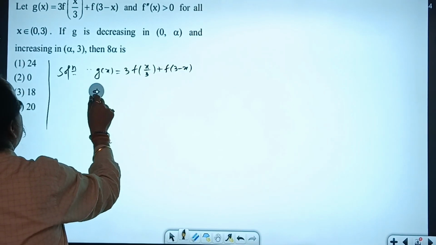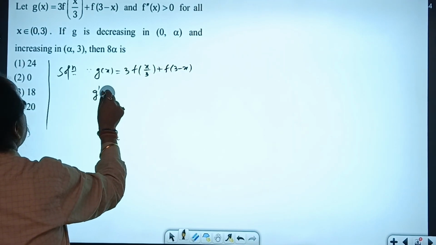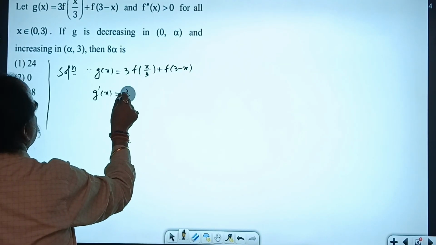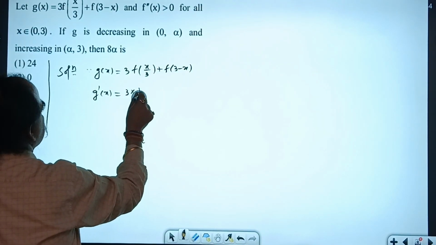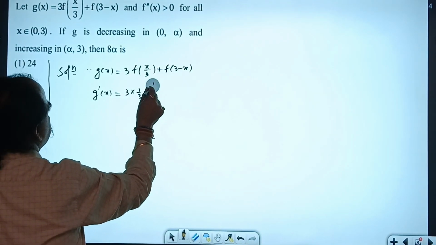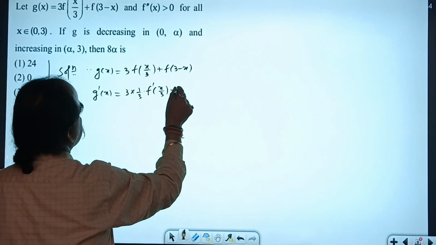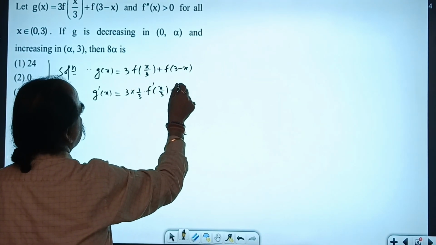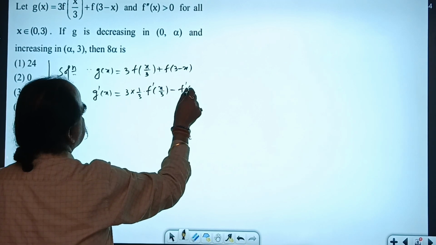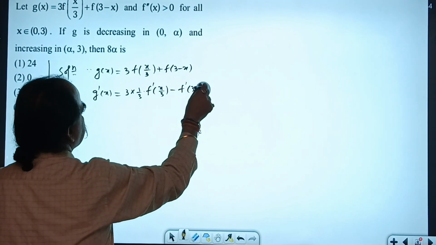So g dash x is what? 3 into 1 by 3 f dash x by 3, minus 1 into f dash 3 minus x.